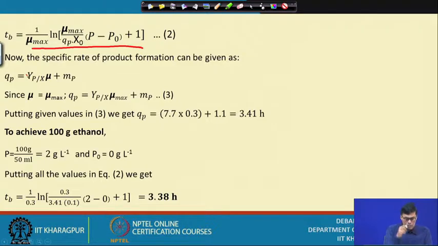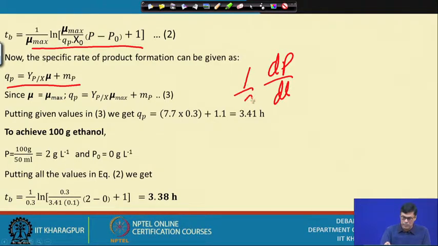Then the specific rate of product formation can be Kp equal to this form, Yp/x into mu max. I can show you that this is dP/dt, the specific rate of product formation, equal to Yp/x. Yp/x means dP/dx, am I right?